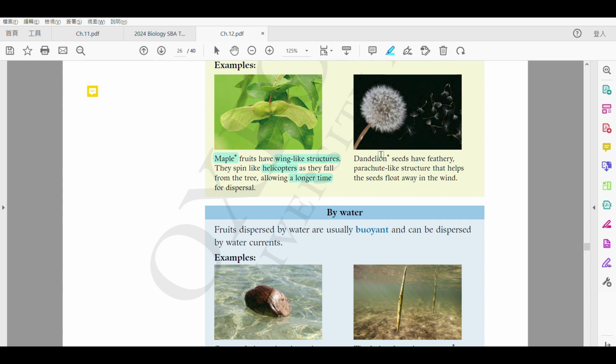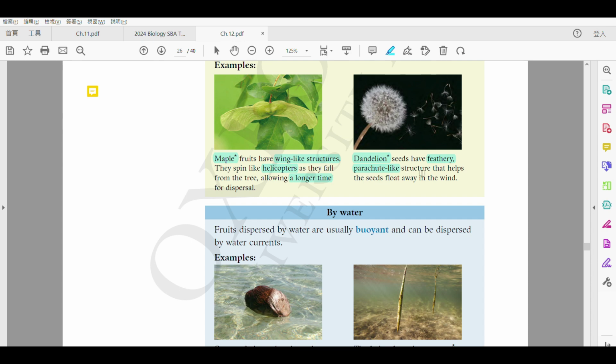好啦，另外一個 another example will be Dandelion. Okay? 咁 Dandelion 當然啦 you will see this is 蒲公英啦。They have feathery. 佢哋係有啲嘅好羽毛咁樣嘅啦。Feathery. As you can see, the tip of the Dandelion 就會好似一梳梳咁樣啦，very like feather 咁樣啦。而且啦，都係 parachute-like。記多次啦，parachute。Parachute 係降落傘啊。Alright?